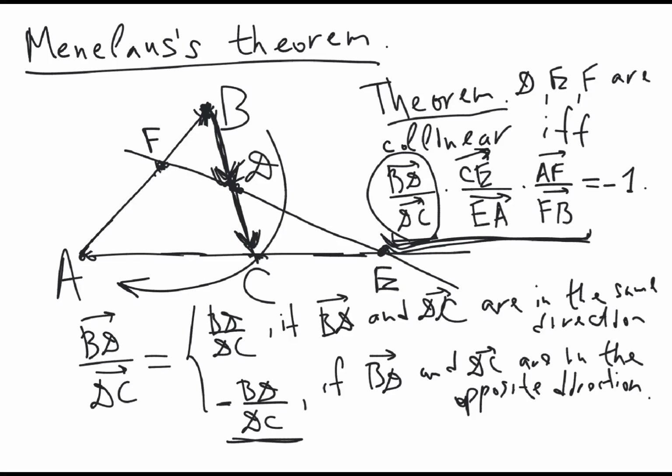The next one is from C to E, then from E to A, then from A to F, and from F to B. So the second ratio is CE over EA, and the third is AF over FB. In this manner we go around clockwise by the sides of the triangle from one vertex, returning to the same vertex.